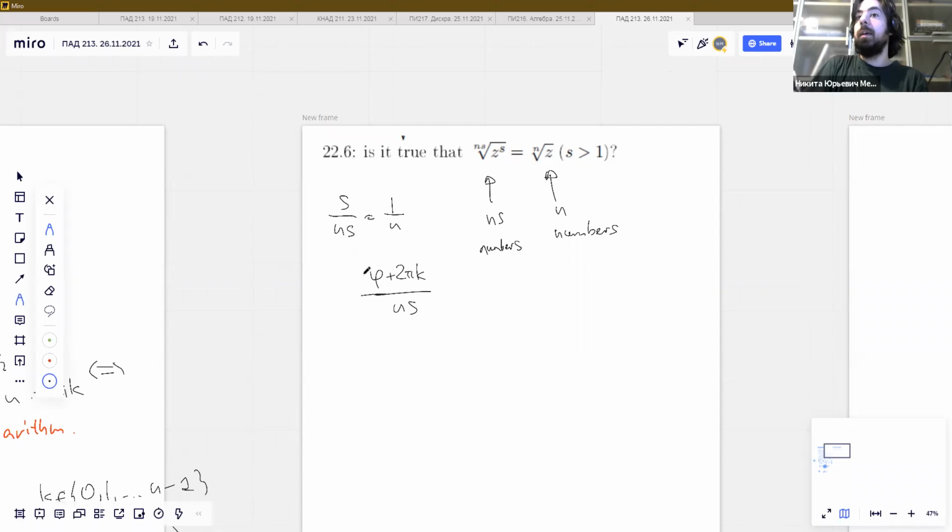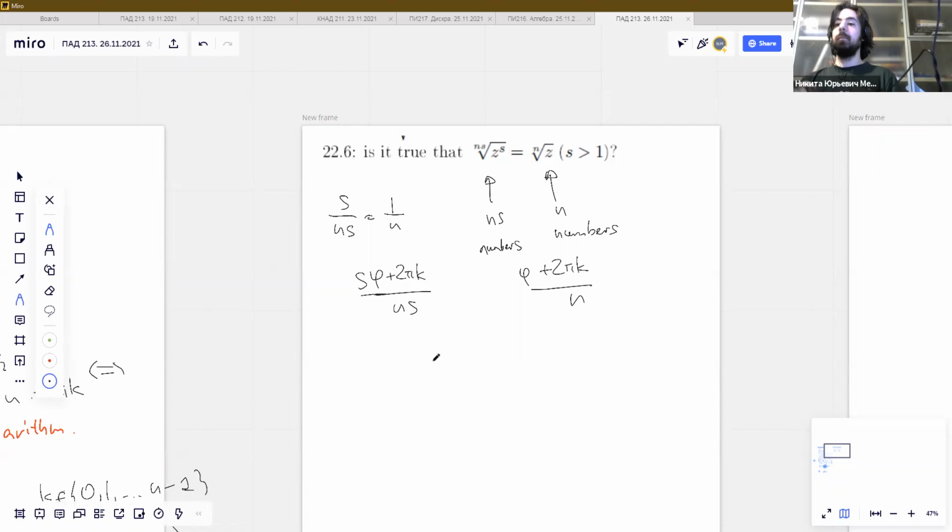So it will be like s phi plus 2 pi k over ns in one formula and phi plus 2 pi k over n in another. So in this part, s cancels. But in this part, it does not. So those two things don't provide the same series. This one has more results.